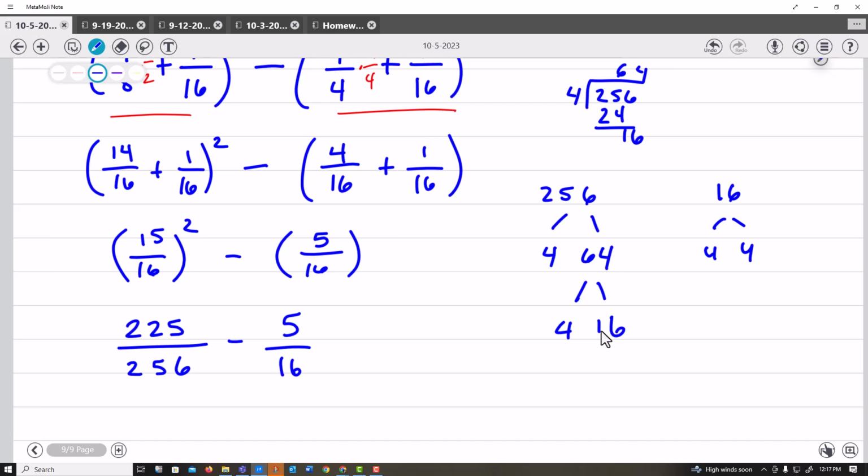So for my denominators, I have 4s in common, but not that 16. So all I need to do is multiply this times 16, and guess what that is? 256.